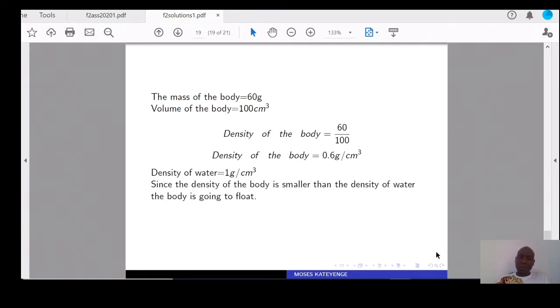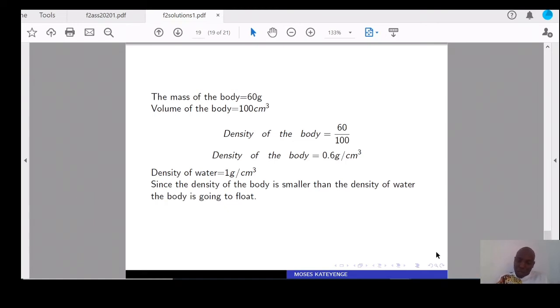Now, the first thing we have to do is to find the density of this body. After finding the density of the body, we are going to compare it with the density of water, because in this case they are asking, will this body float on water?